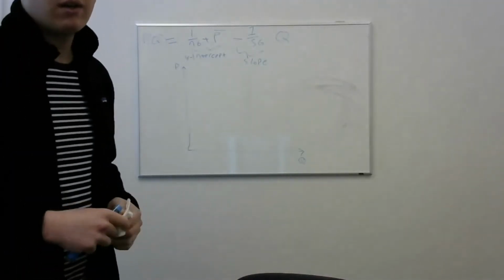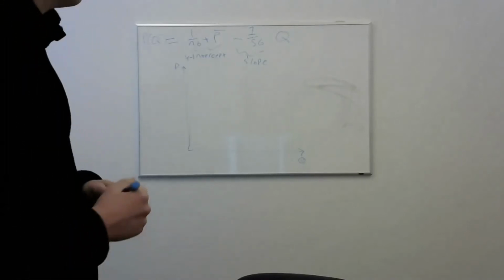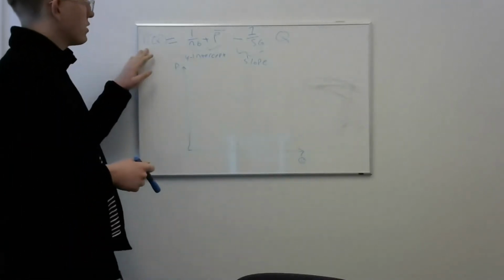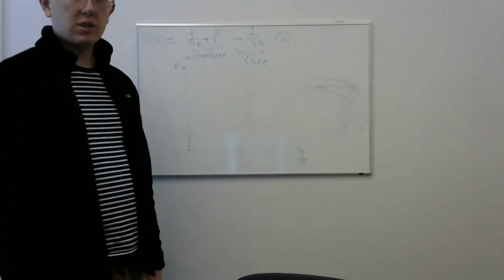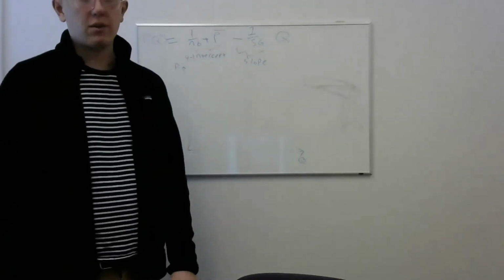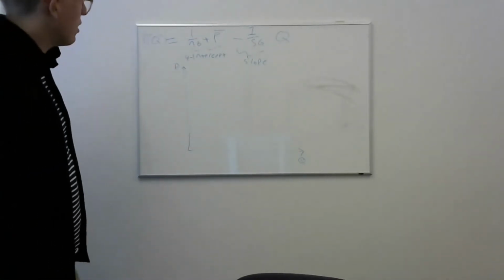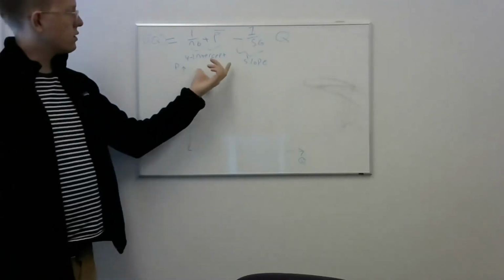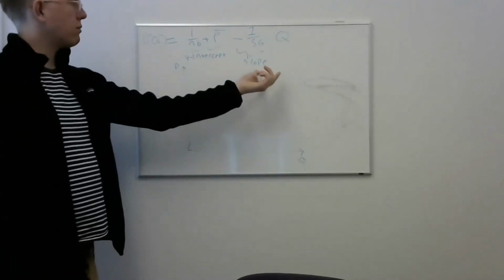Okay, so what I've done is just write down price as a function of quantity. This is the inverse demand function that we have from our standard demand in all of these problems. Just to recap, we have a y-intercept and a slope.